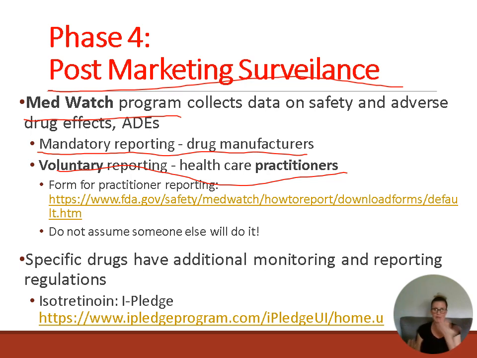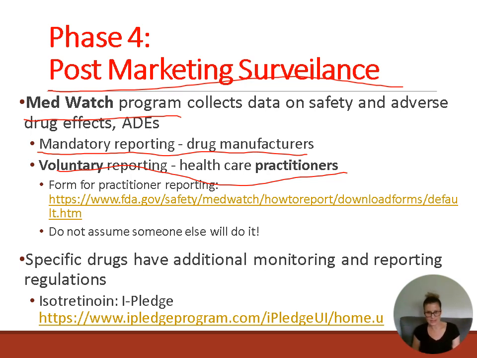Okay, that's just one example of extra safety guidelines that are necessary for some drugs because the drug does cause severe adverse drug effects. So in this case, the FDA could have said, no, we're not going to let this drug be prescribed because the adverse effects are so severe.